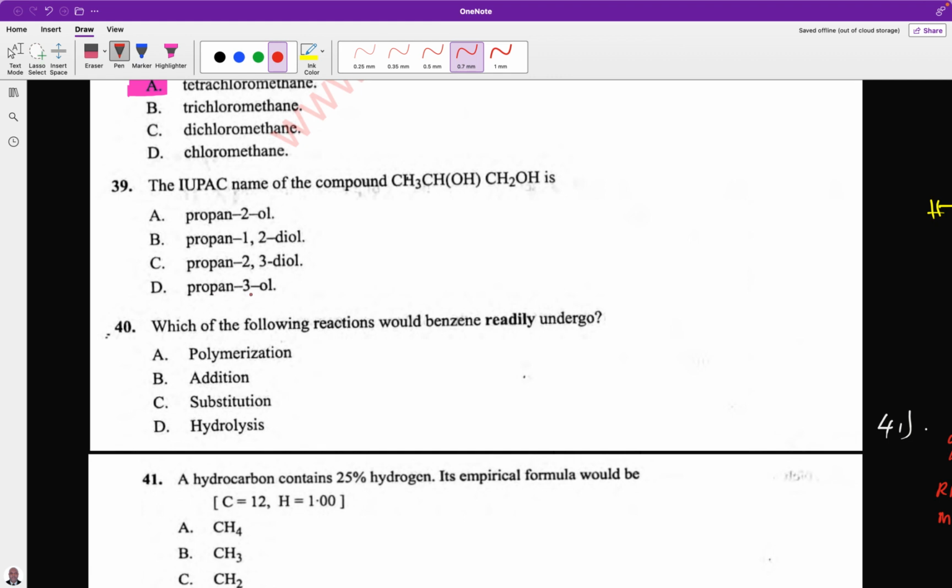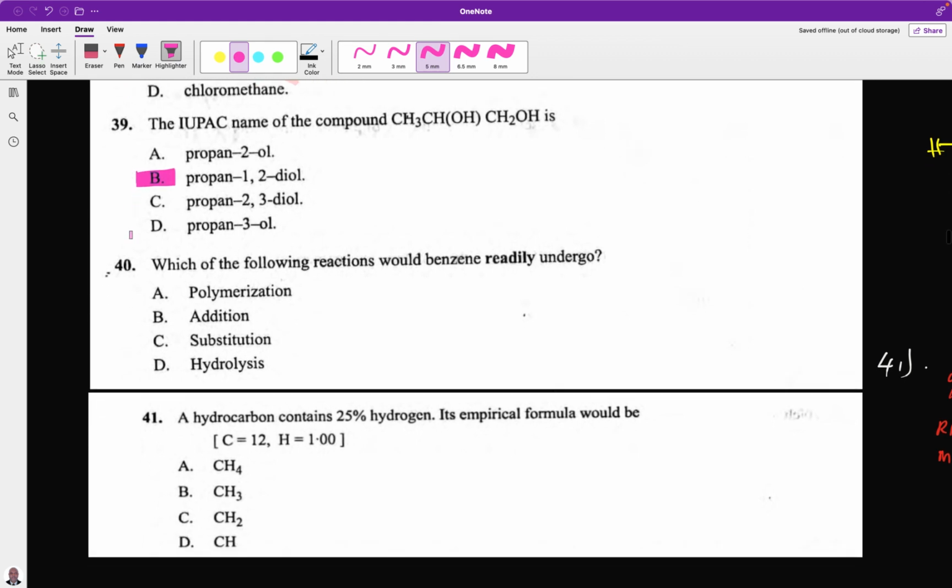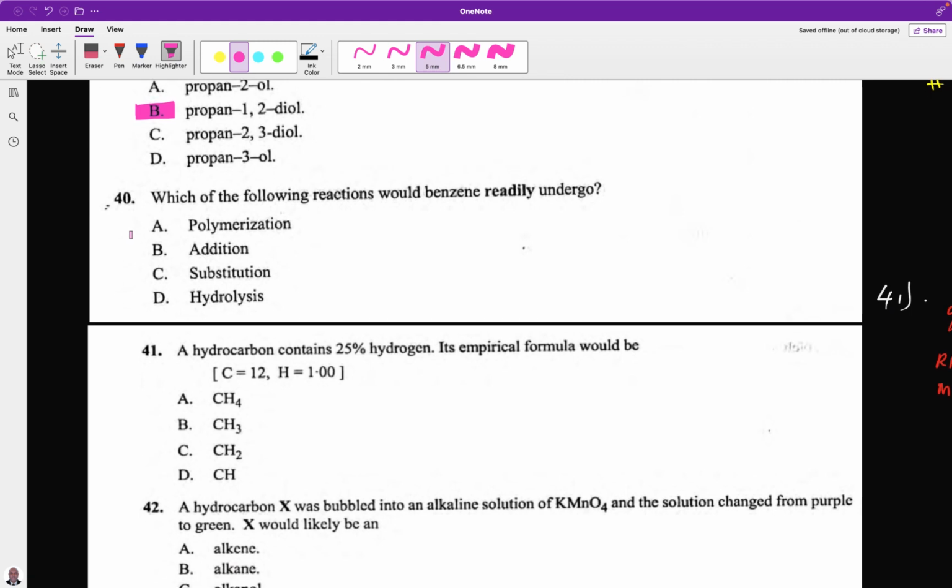Is it propan 3-ol? So the right answer is propan 1,2-diol. So it is B. B is 1,2-diol.